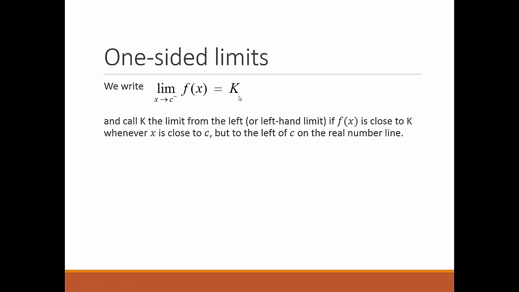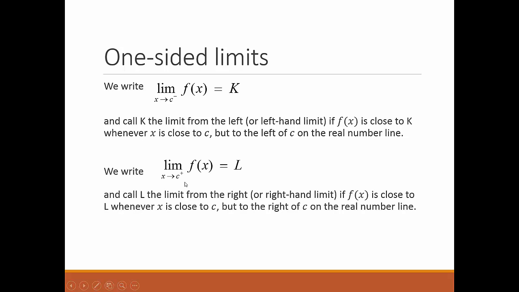Well, if we have a limit approaching from the left, then it makes sense we could also analyze the limit approaching from the right, and that's where you see this little plus sign. This simply says if x is approaching a particular value from the right of that value, I can get a particular limit.